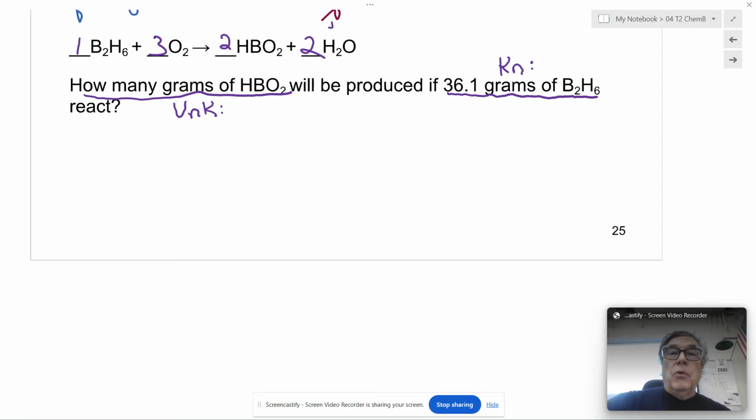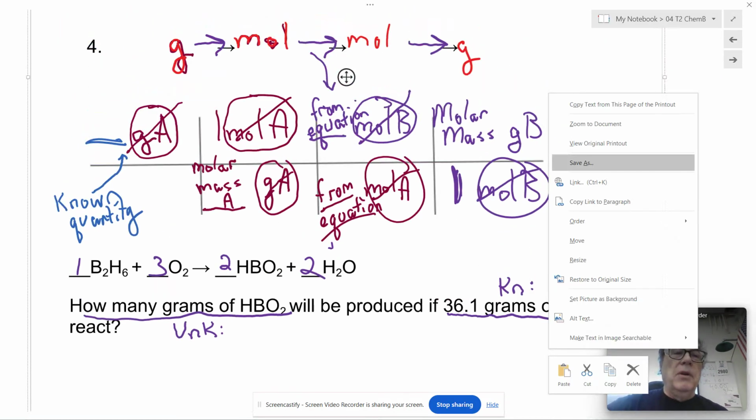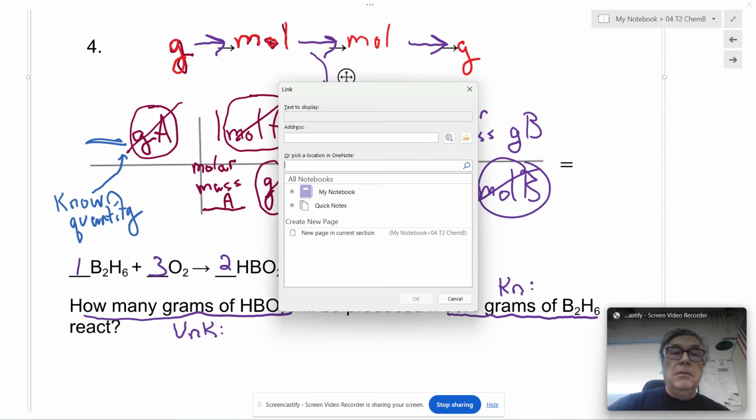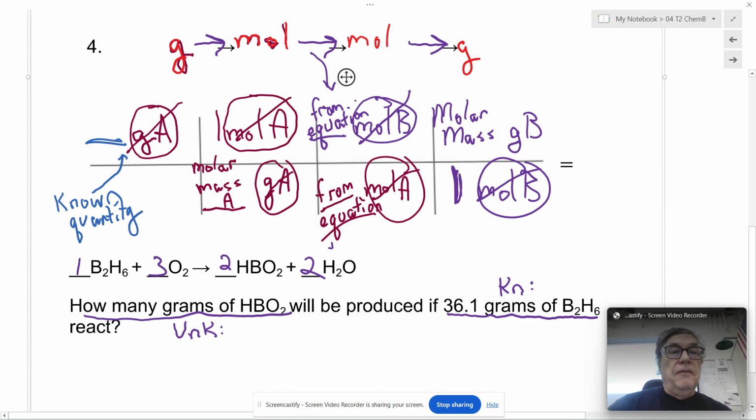Now, if you have the notes up here, we're just going to follow this, starting with grams of known and converting to moles of known.